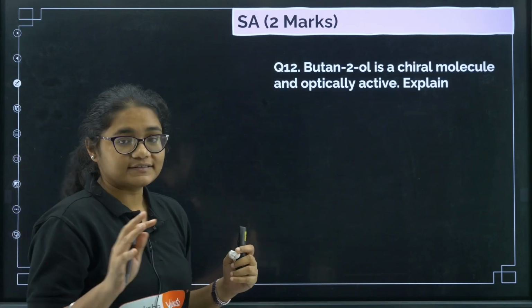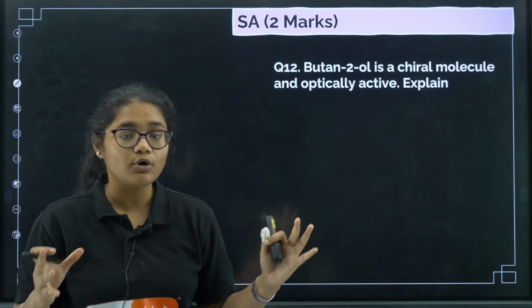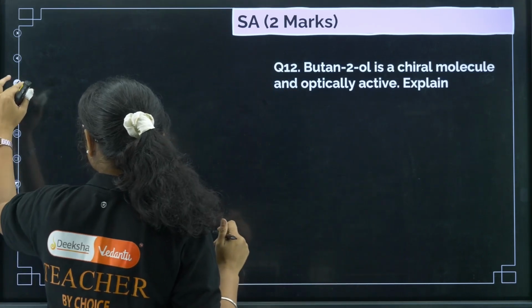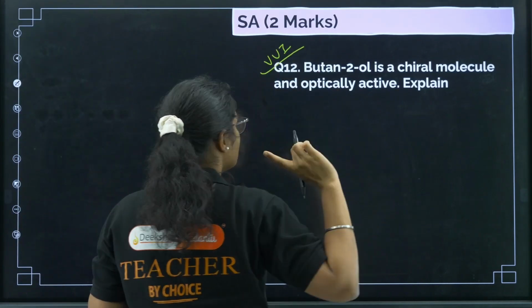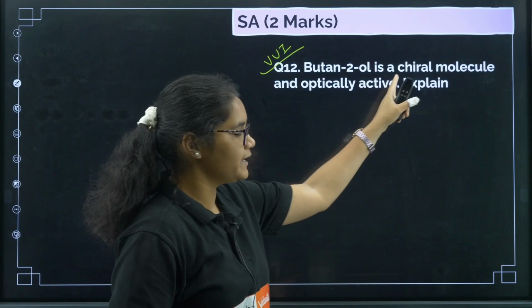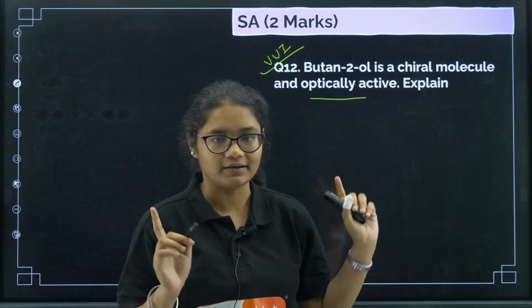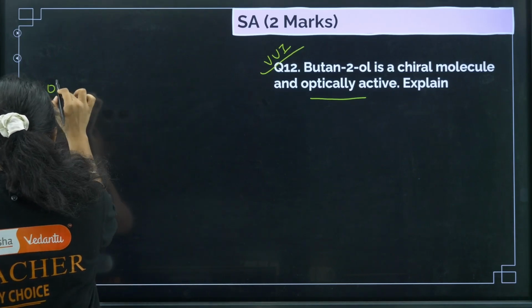Now let us see the next question here. Butan-2-ol is a chiral molecule and optically active, explain. This is a very important question because you need to know how to write this answer. You need to explain why it is a chiral molecule, and also why it is optically active. Now let us understand the meaning of optically active.